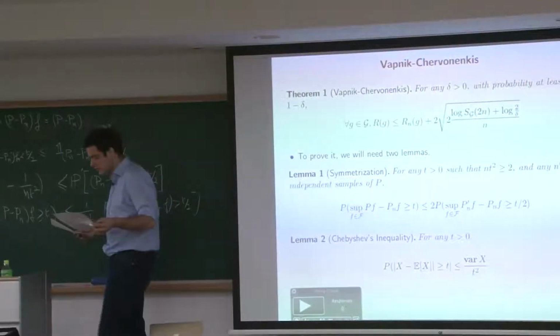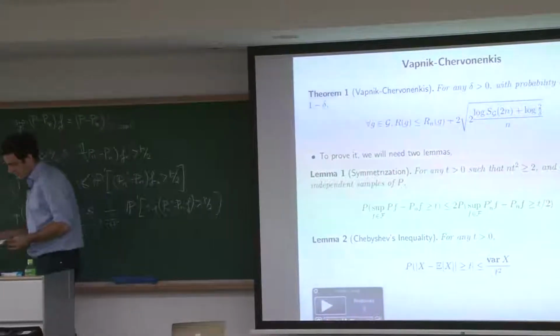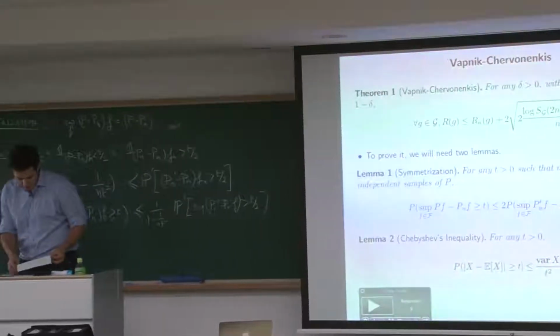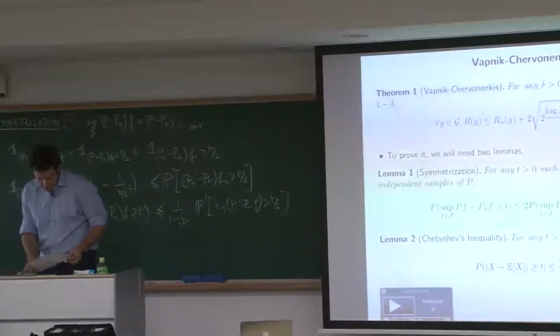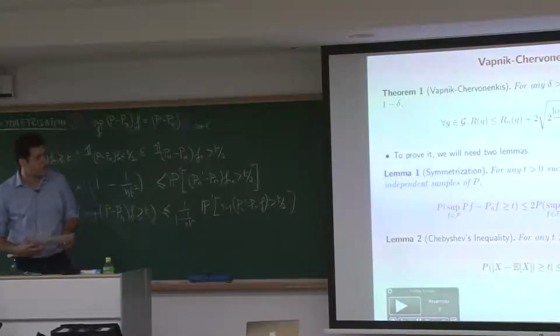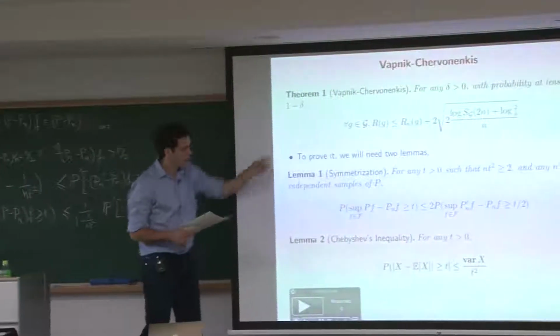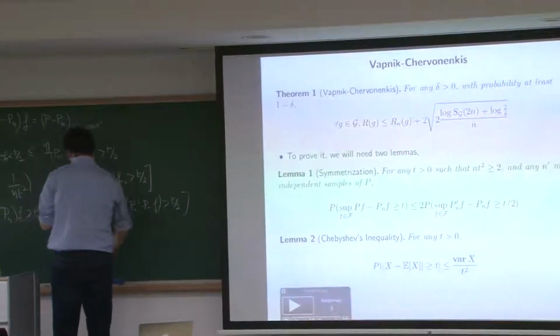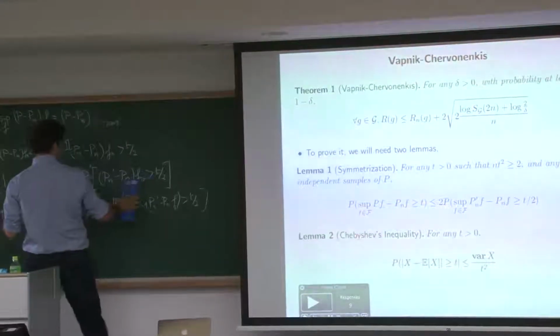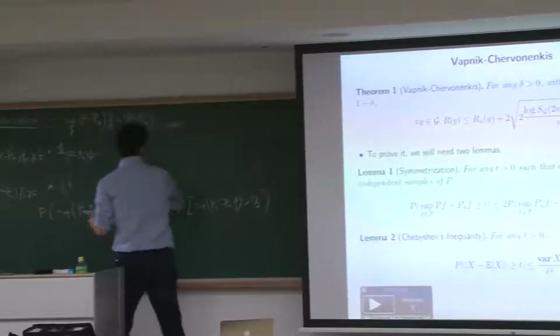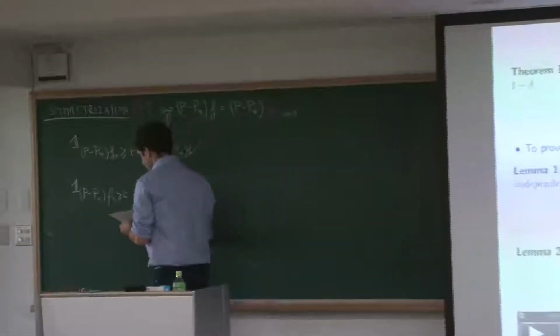Well, because now that we use this, we can basically get all the pieces together to get the result above. So how do we do this? I can erase this. This is just the symmetrization lemma.